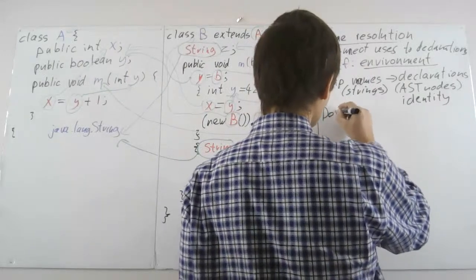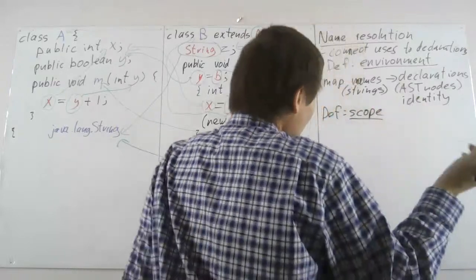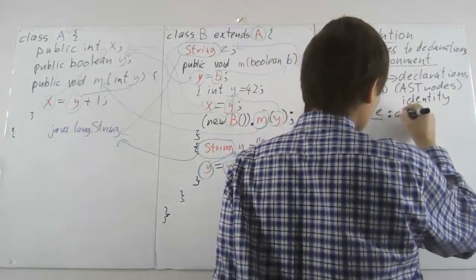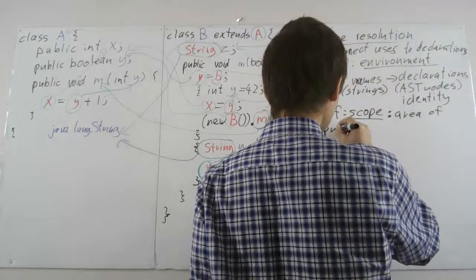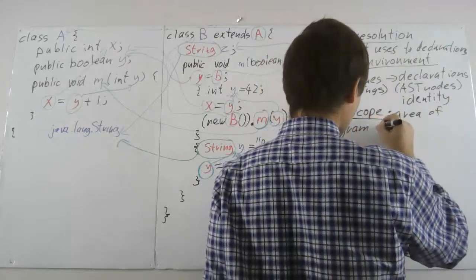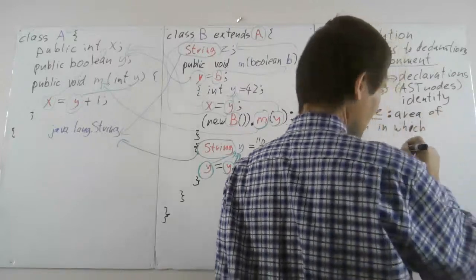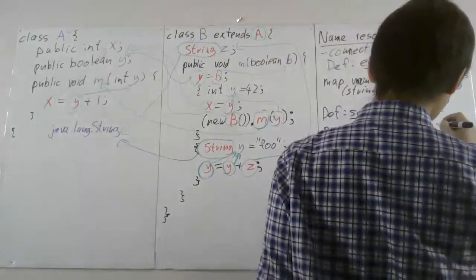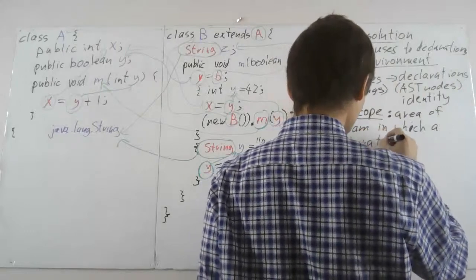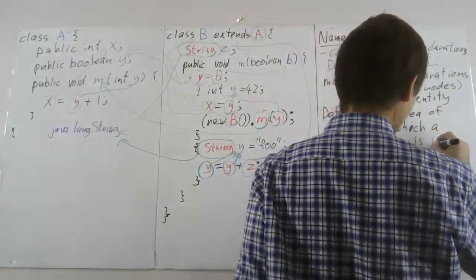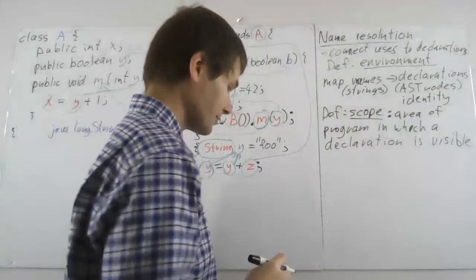And so a scope is an area of the program in which a declaration is visible, right? Or you could say in which a name is visible, right?